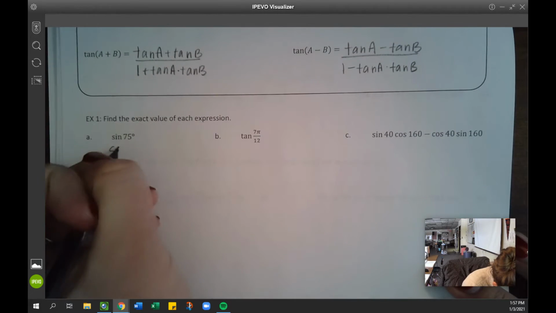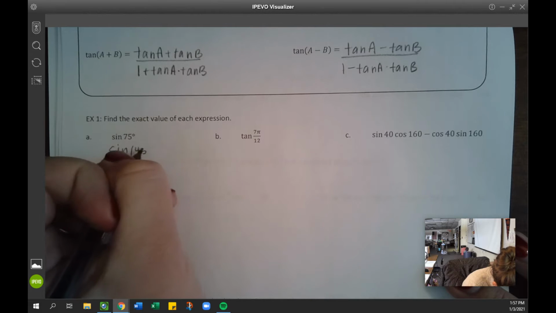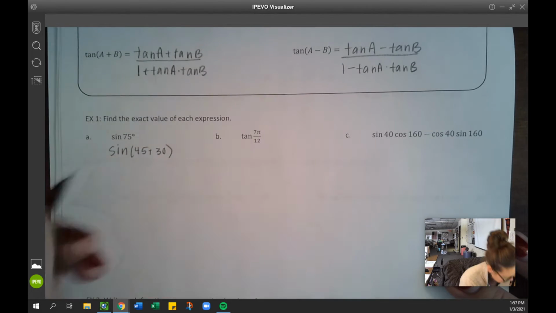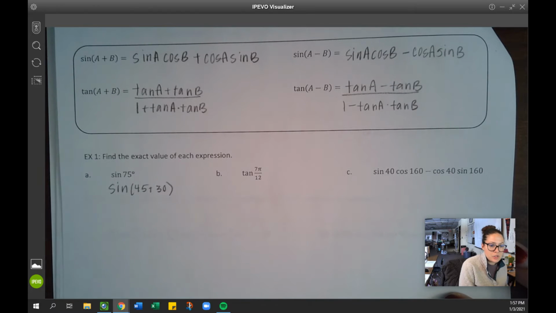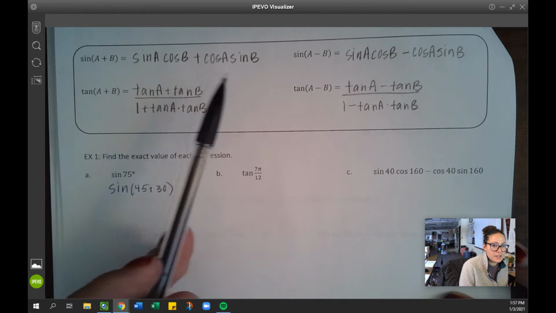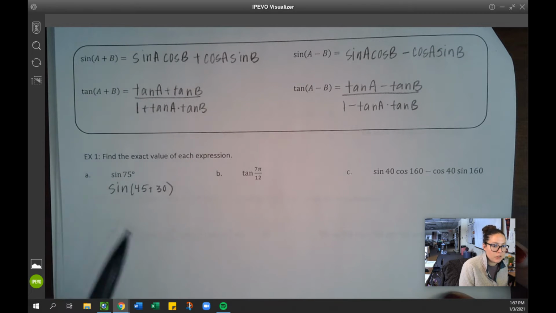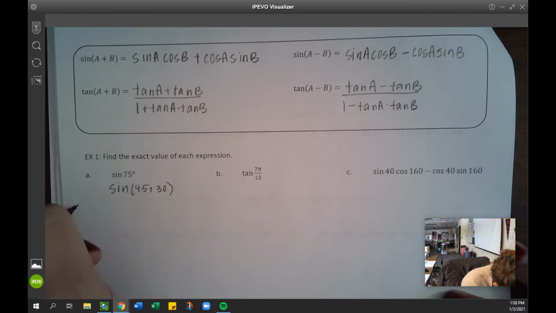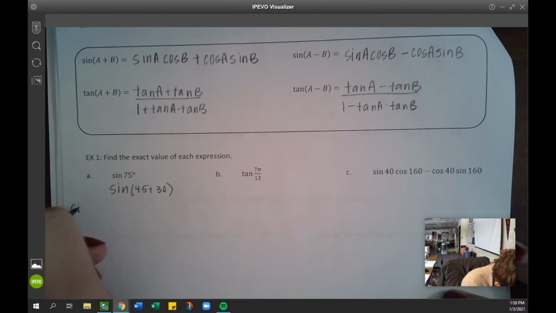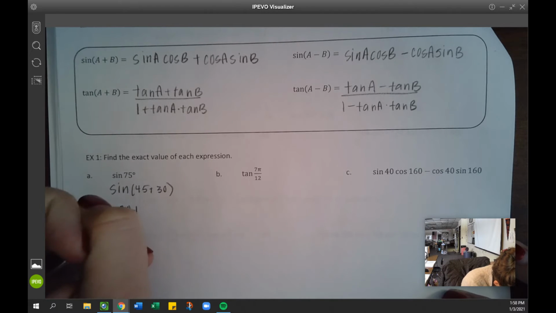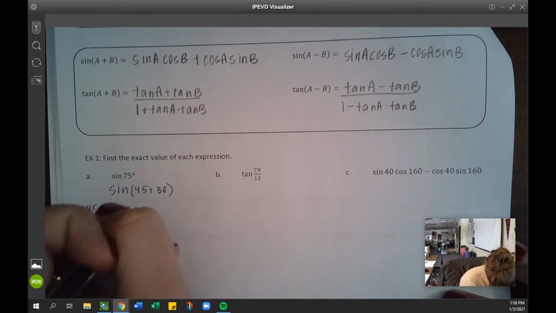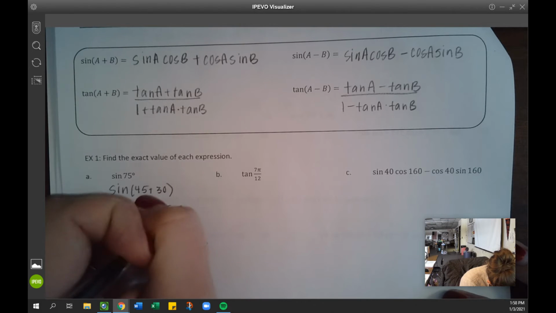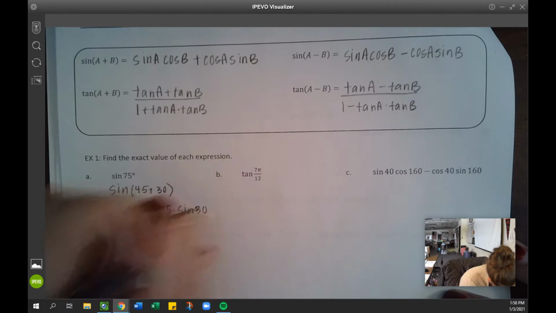So this is sine of 45 plus 30, which means I'm going to use my sum identity. So everywhere there's an A, I'm going to put 45. Everywhere there's a B, I'm going to put 30. So we're going to have sine 45 times cosine 30 plus cosine 45 sine 30.